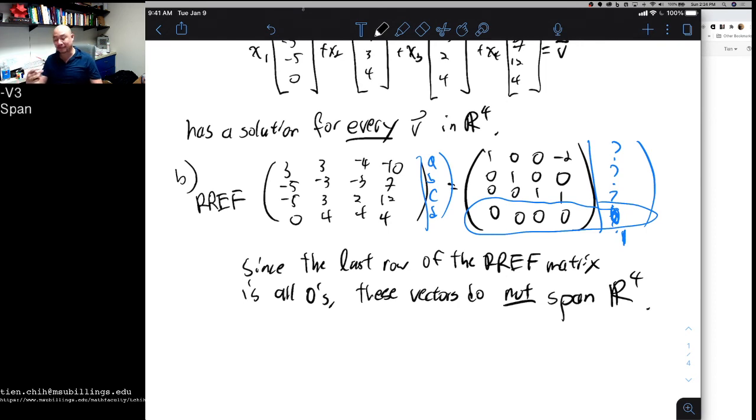There is some vector, this mystery vector here, which gives us a 1 in that final slot, which is not in the span. All right, thank you.